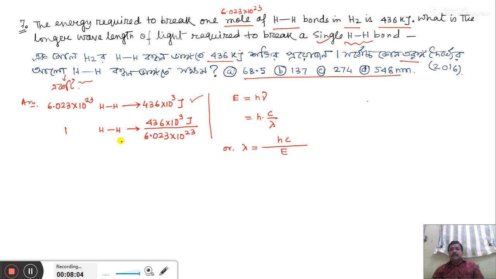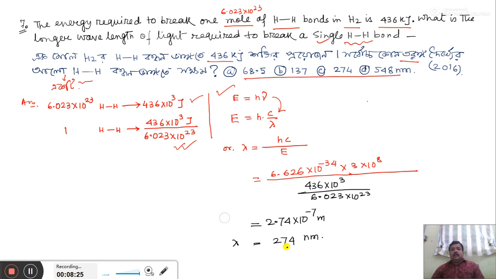To break one H-H bond we require this amount of energy divided by Avogadro's number. Now we know E equal to h nu. In place of nu we write c by lambda. So E equal to h c by lambda, so lambda is equal to hc by E. Putting all the terms in this equation, we get lambda equal to 2.74 into 10 to the minus 7 meter. That means 274 nanometer. That means option C is the correct one.